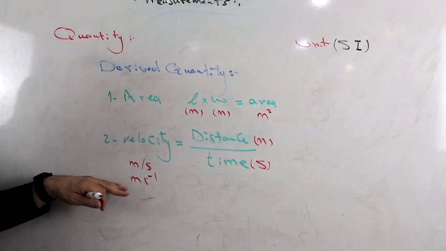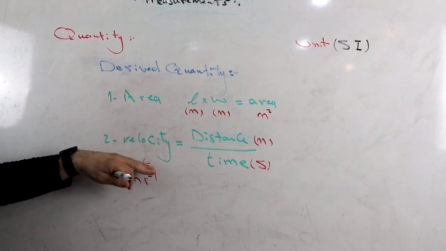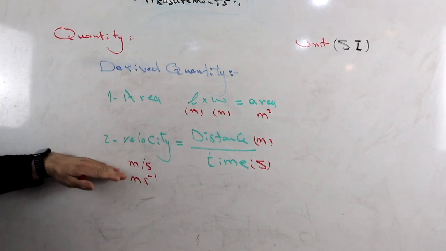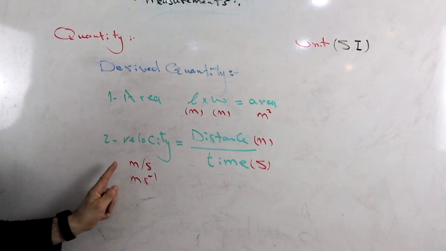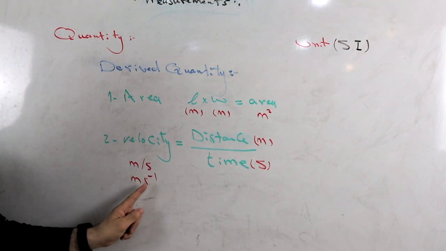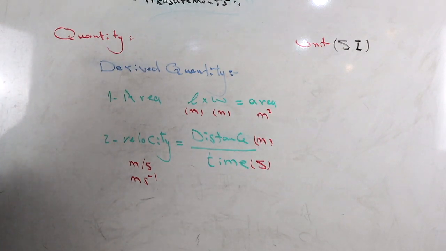So the right answer here could be meter per second. This is a derived unit, but meter itself is from the base and second is from the base. So when I mix them up, I'm going to give you the derived unit.